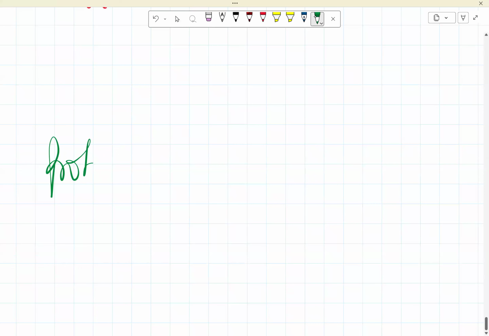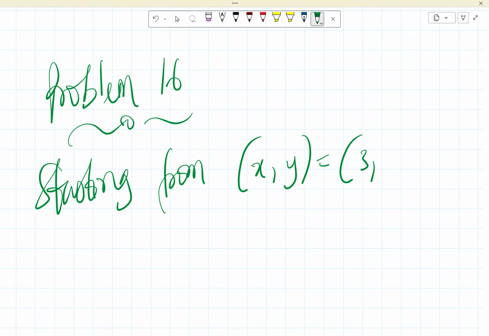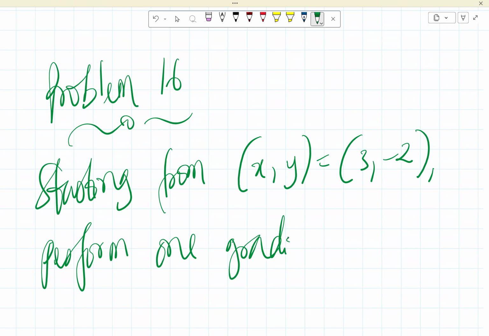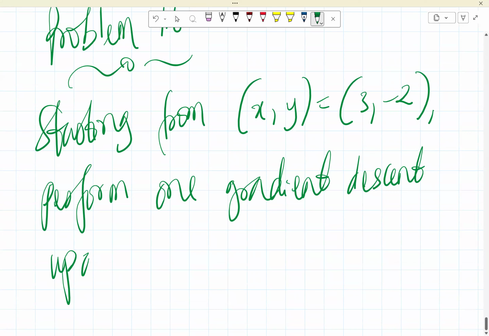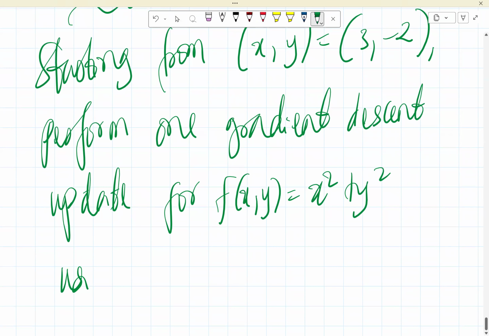Starting from x comma y equals 3 comma minus 2, perform just one gradient descent update for f of x comma y equals x squared plus y squared using eta equals 0.1.